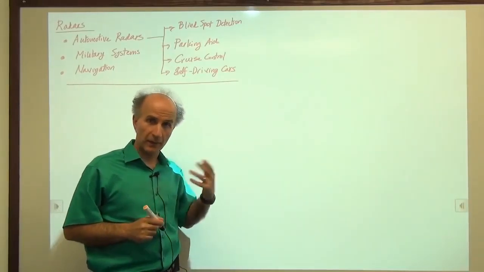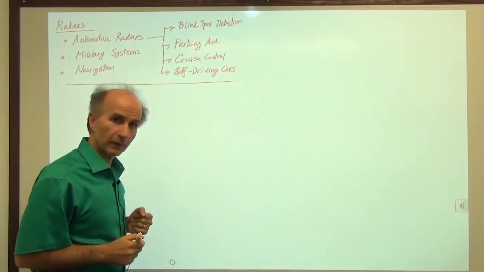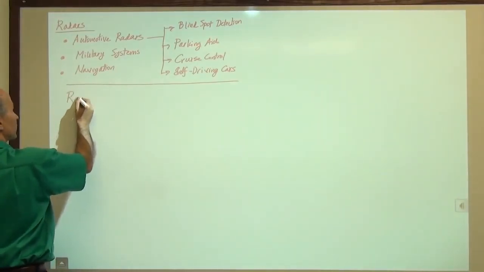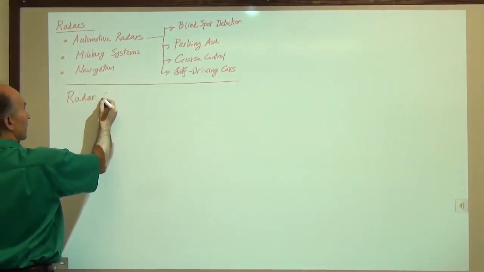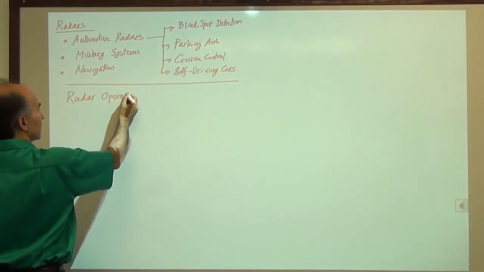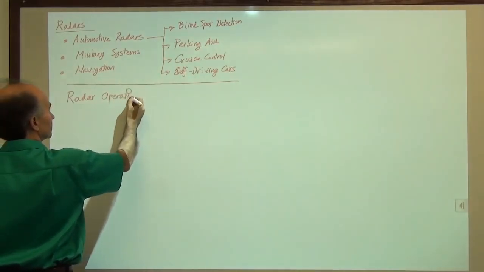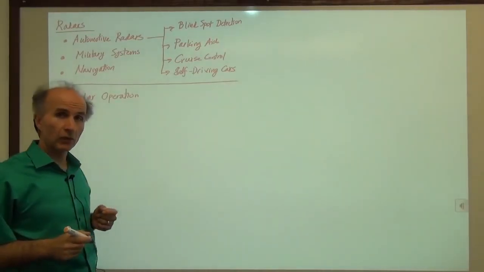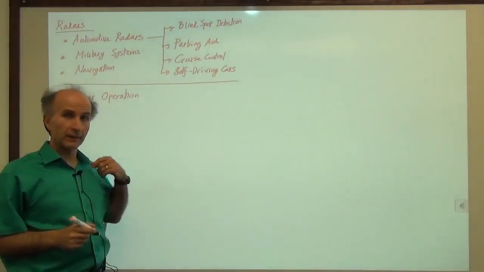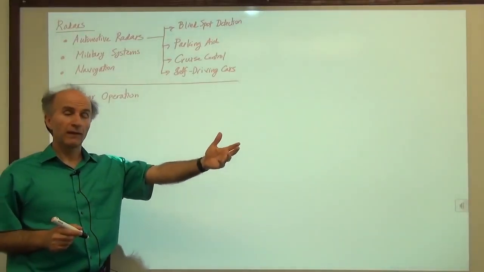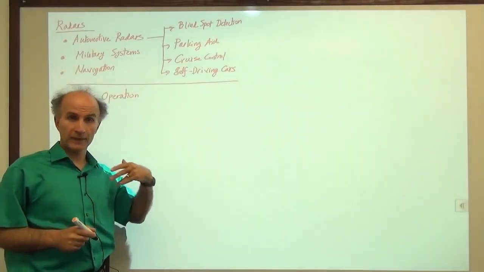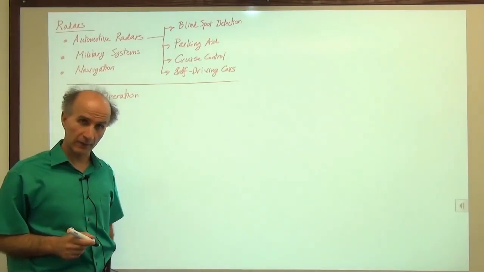So radar is based on that operation, and it's very simple. Here's the basic idea. So radar operation. In bats, it's called echolocation. We send a wave. The wave has an echo, a reflection, and from that reflection, we can, for example, determine how far the object is, right?